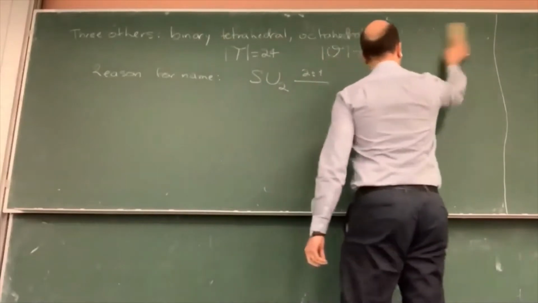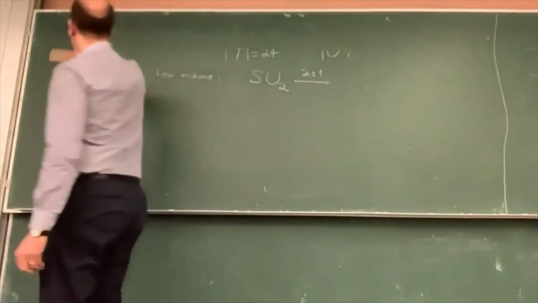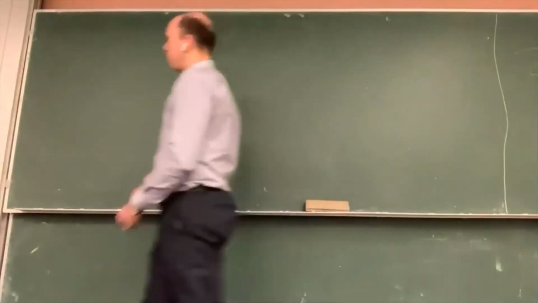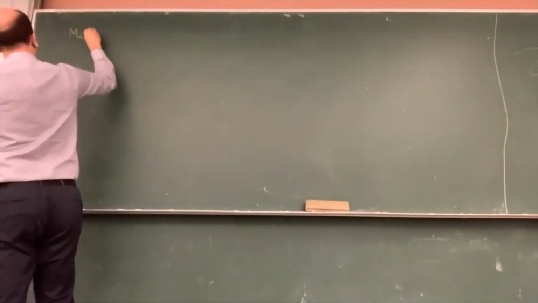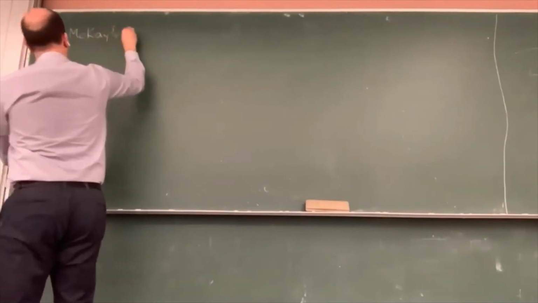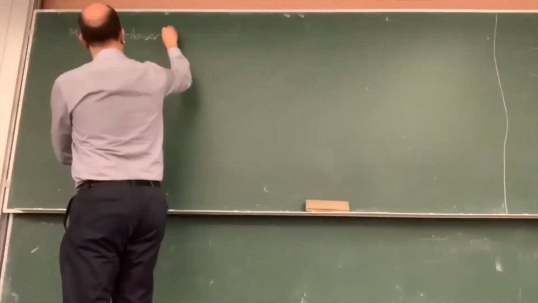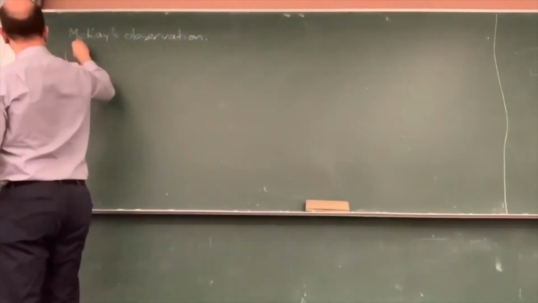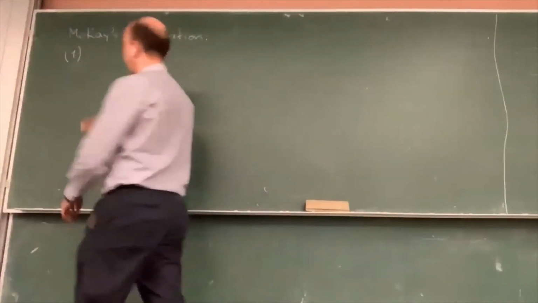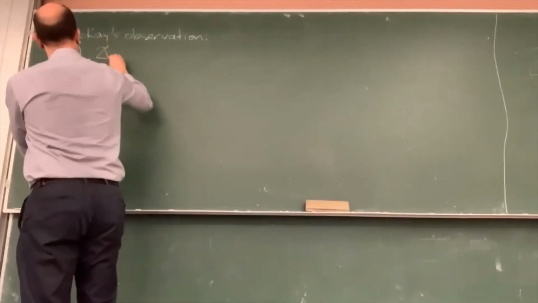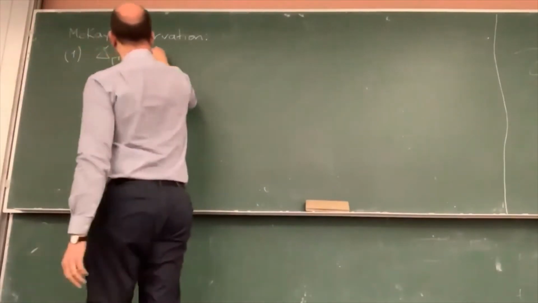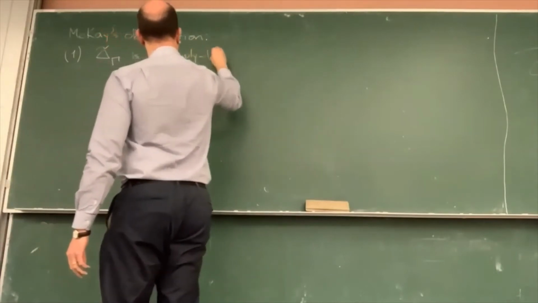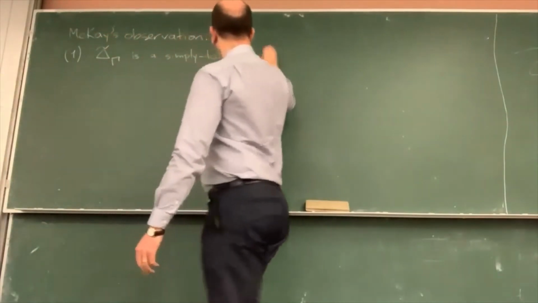So McKay's observation in his famous paper has two parts. The first part is that delta gamma tilde is a simply laced affine Dynkin diagram.